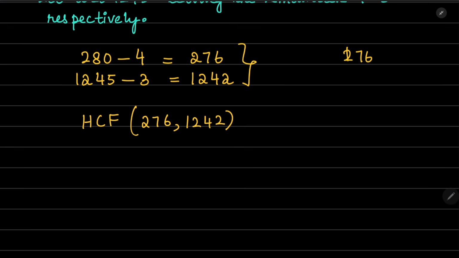So 276, start with the lowest prime number, which is 2. 2 ones are 2, 2 threes are 6, and then 2 eights are 16. Again 2 sixes are 12, 2 nines are 18, and then 3, 3 twos are 6, 3 threes are 9, and 23 is a prime number.